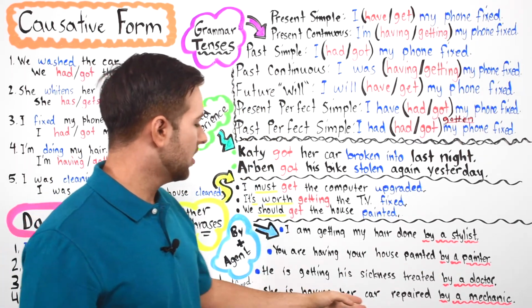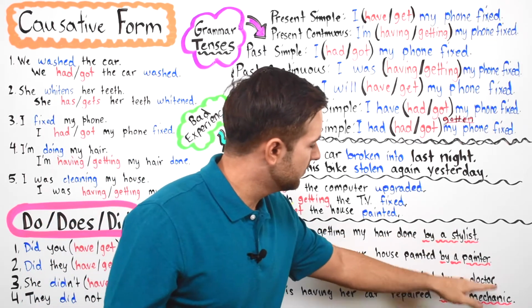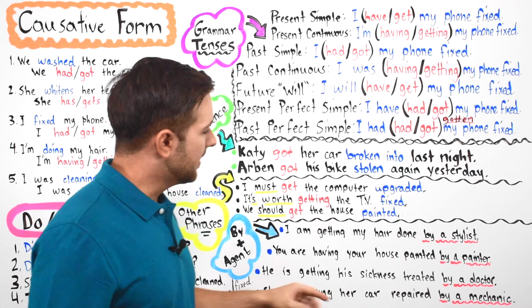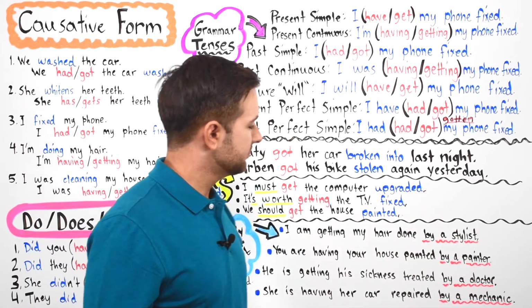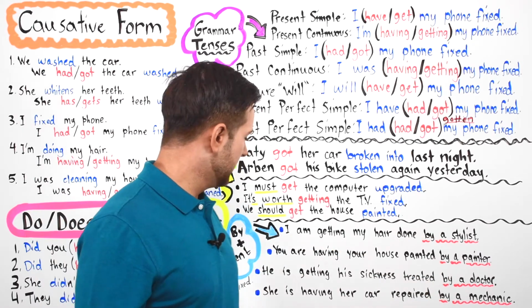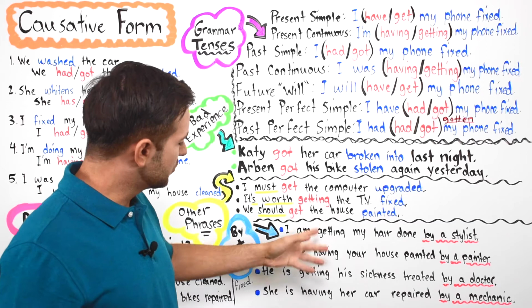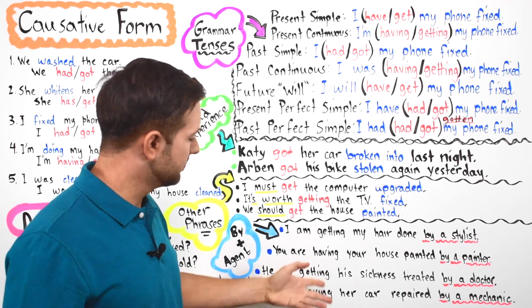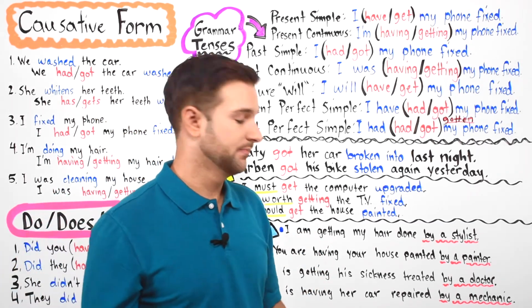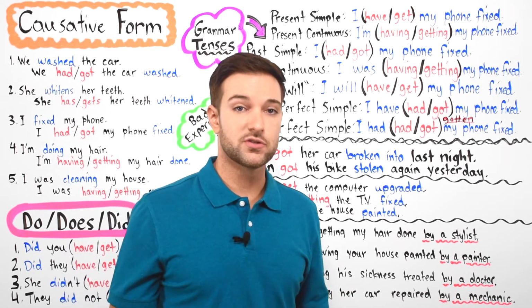She is having her car repaired by a mechanic. These are the people, the agents, that perform the action. Not you, okay? These are the agents, all right? We have getting, having, getting, having. Now you can switch these, remember. You can switch them however you want. It's your choice, okay? Remember, getting is more informal. We use it when we're speaking.